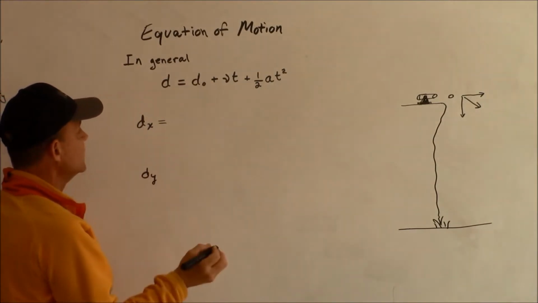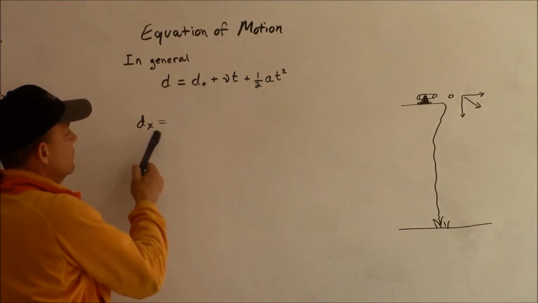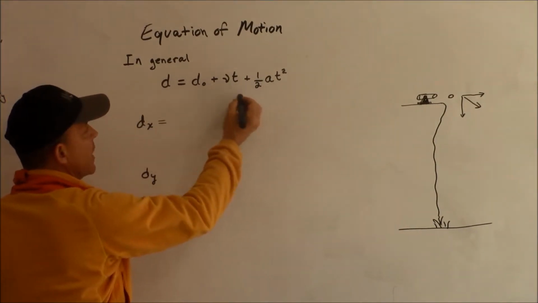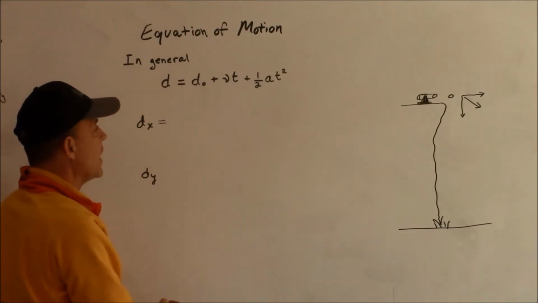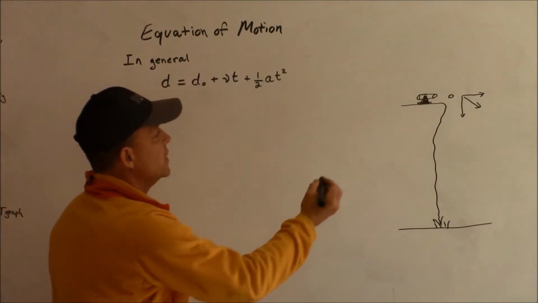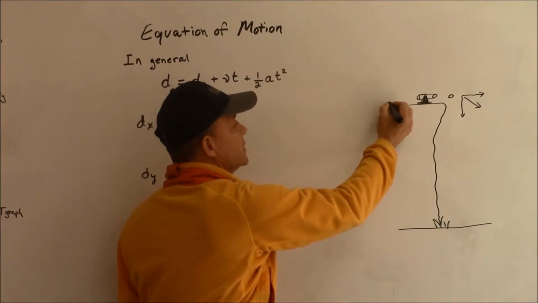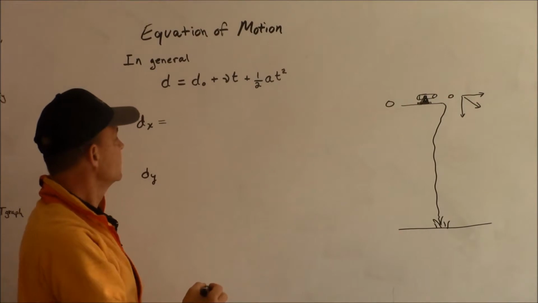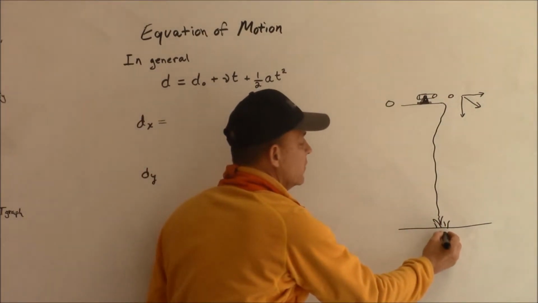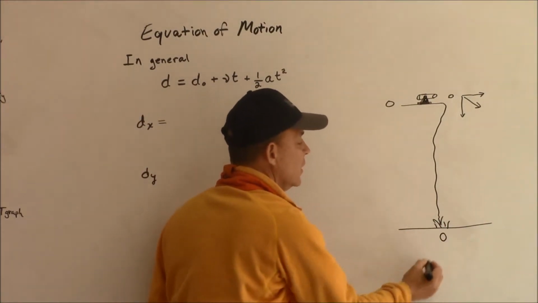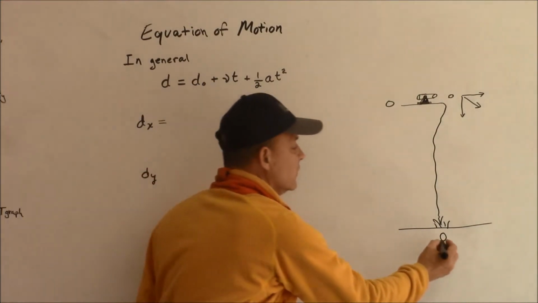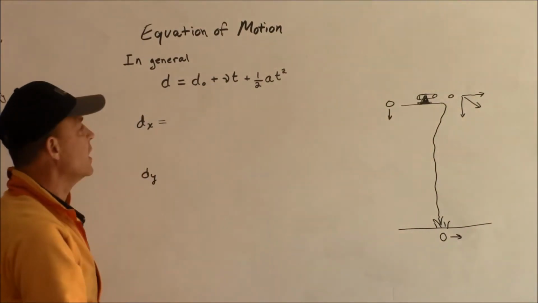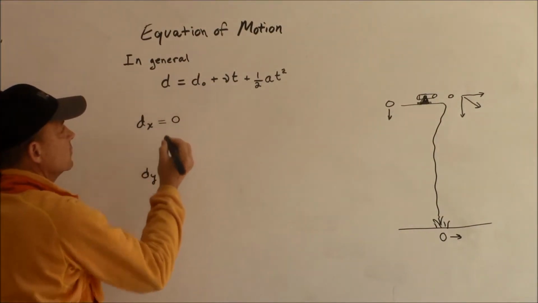I'm going to write dx by putting sub x for d, and I'm just going to try to fill in these variables with what I know about the situation. If we consider that distance 0 in the x direction is here at the bottom of the cliff, then the cannonball is starting out at a location of 0.